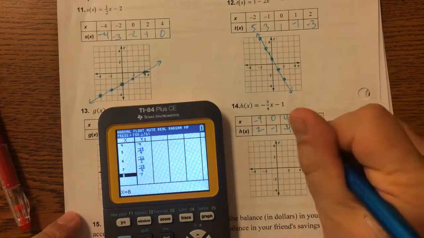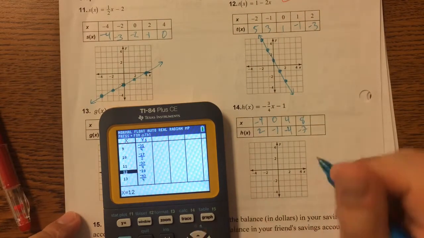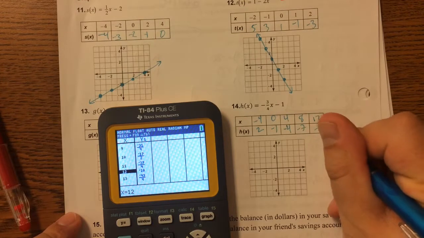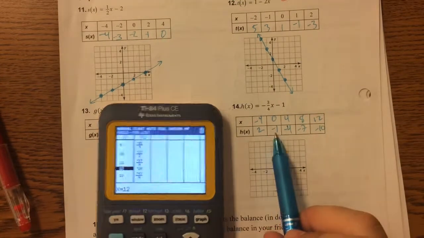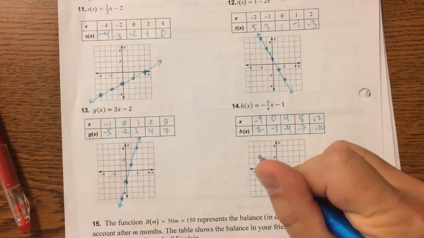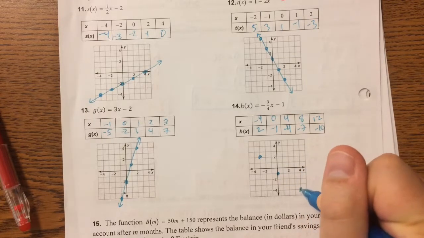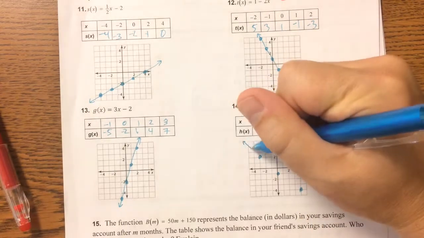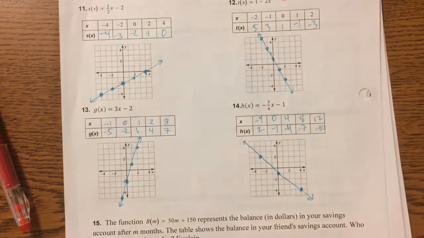Because I'm just going to keep writing a couple more, but I'm not going to be able to plot any of these. 12, -10. So really I'm only going to fit these 3 points on there. So I got -4, 2, 0, -1, and 4, -4. Yeah, that slope is not very convenient. There you go.